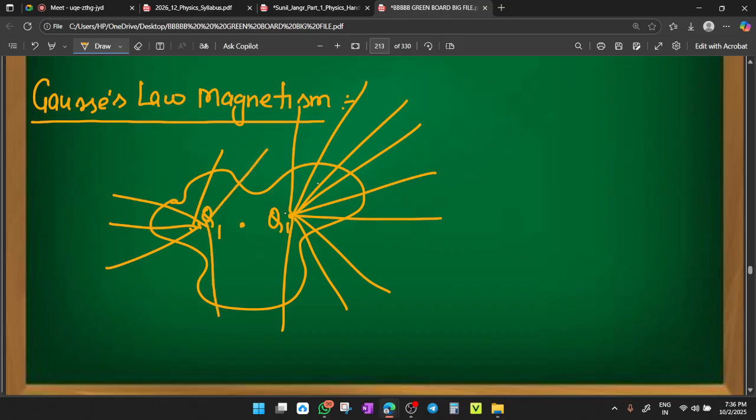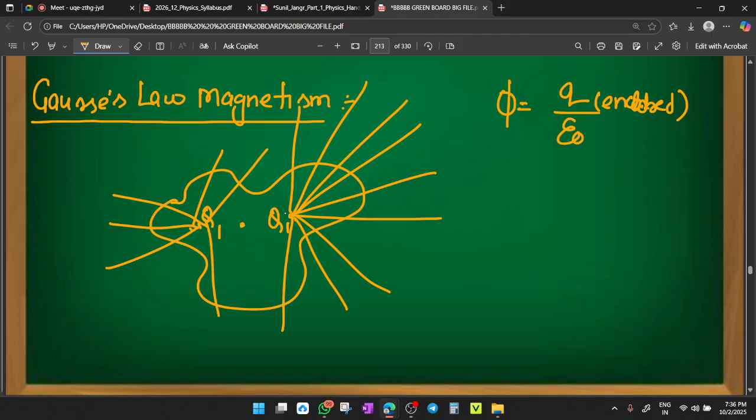According to Gauss law, the total amount of flux equals Q by epsilon naught, where Q is the total charge enclosed in that surface. This was Gauss law of electrostatics.